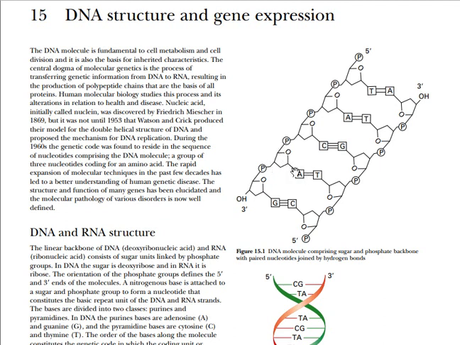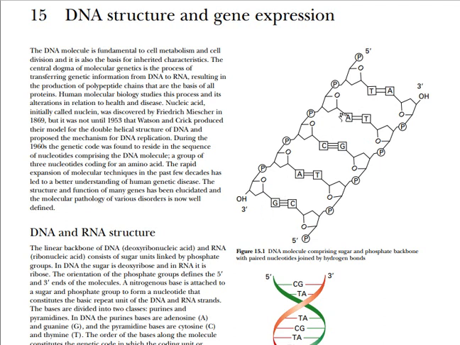Now, DNA and RNA also consist of nitrogenous bases. As you can see here, we have the names and acronyms. T is for thymine, A is for adenine, C is for cytosine, and G is for guanine.